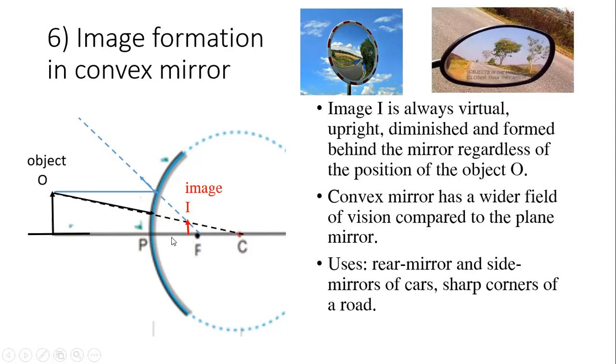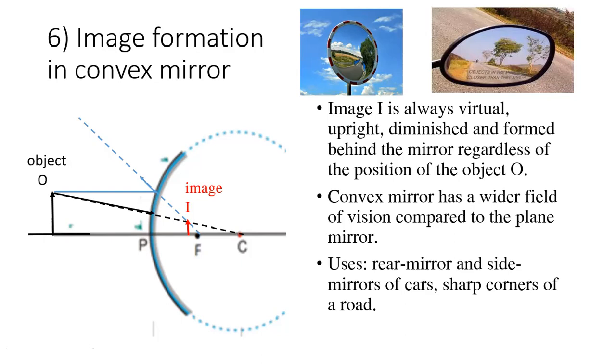Usually V is less than U. You can get it from the ray diagram. If V were more than U, then you would put it at the C side. But here your V is always less than U. That's why we call it diminished, always smaller than the object.